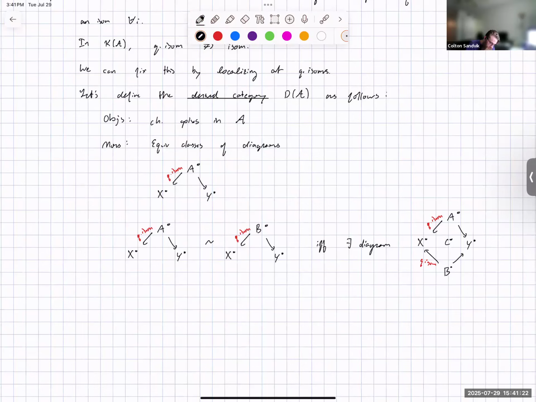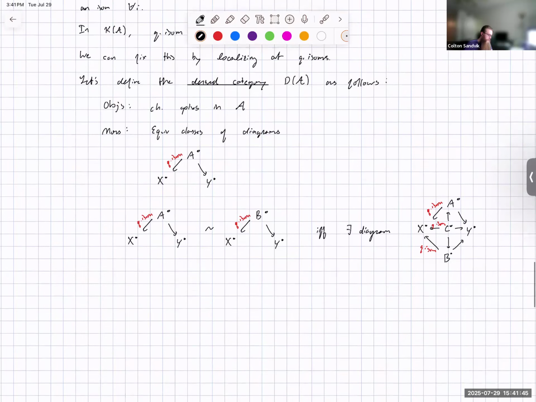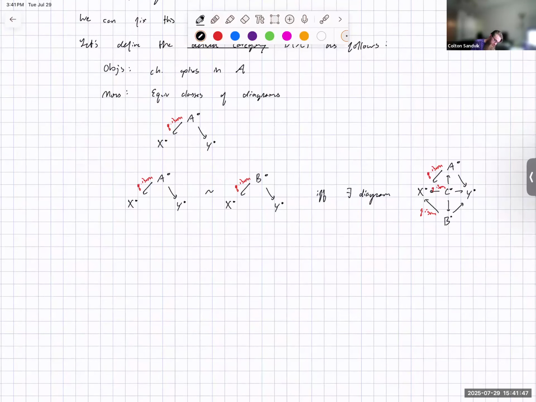We need to find something that goes between them all, and this map should also be a quasi-isomorphism. Okay, not the cleanest diagram, but anyway. This gives you some class, but it's not clear now what composition should be. This is probably the most interesting part and what actually requires some work.